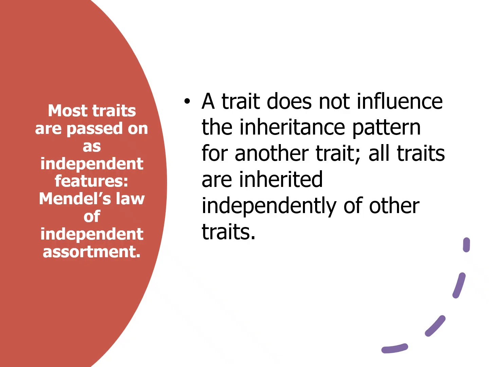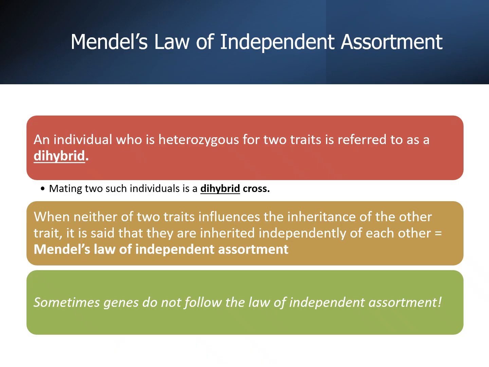That does not mean they can't be inherited together. We'll talk about that in just a moment. What we call this idea is Mendel's law of independent assortment. And we again saw this in lab in the form of color and seed shape of the corn.